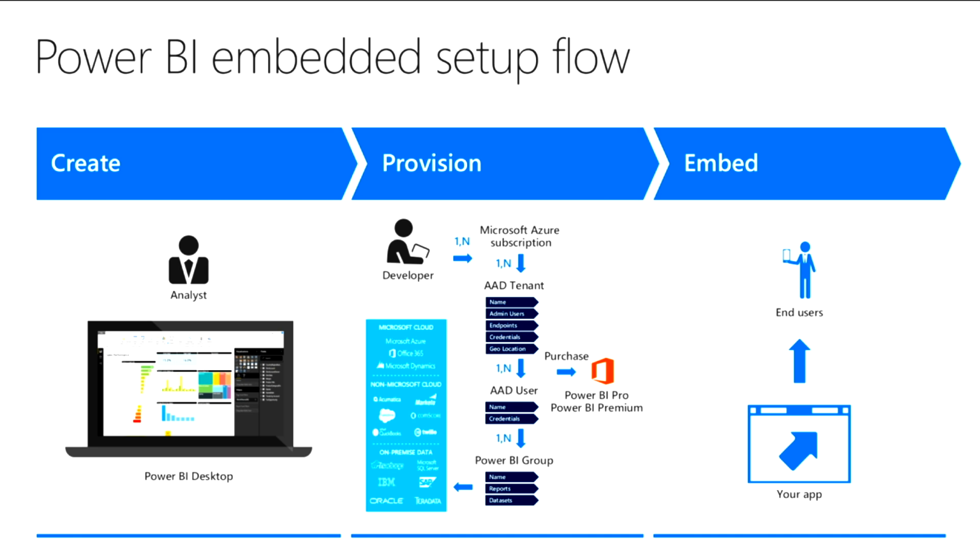The 2 other things mentioned here are the licenses. We'll talk about this later, but it's worth mentioning that in order to embed reports, you need the Pro license to start developing, and you need capacity to start working with massive testing or even production, of course.